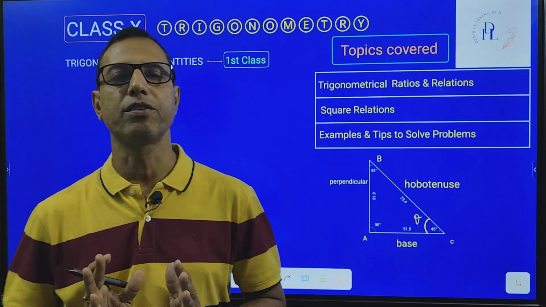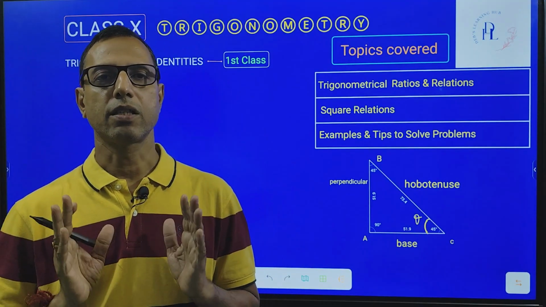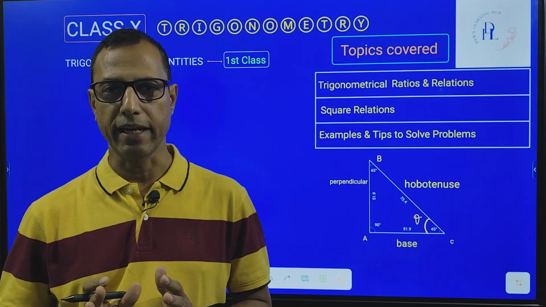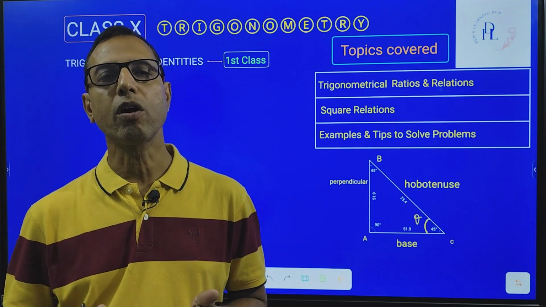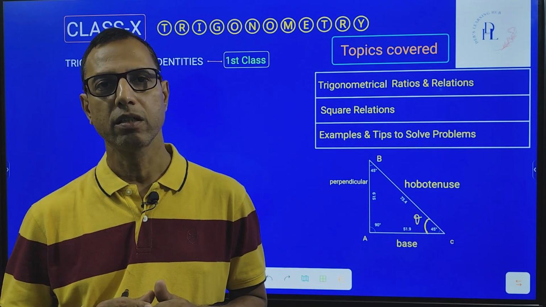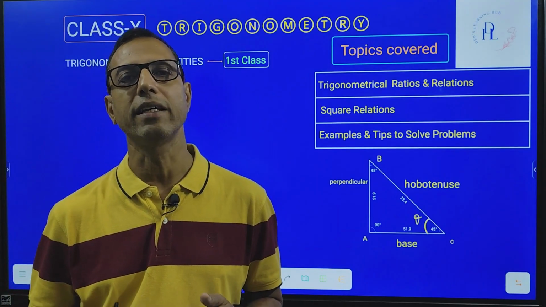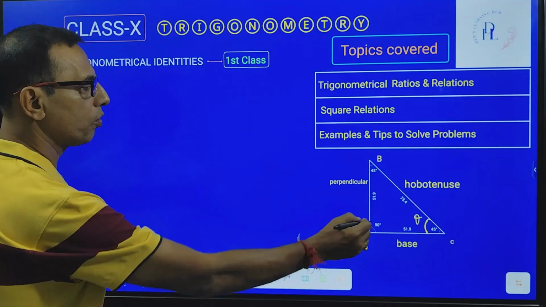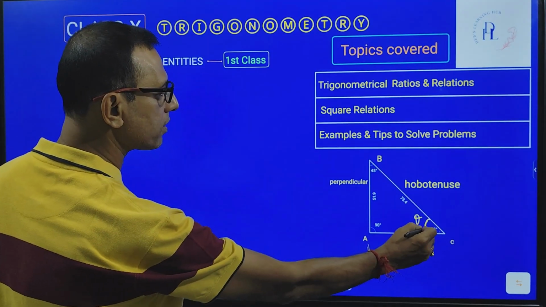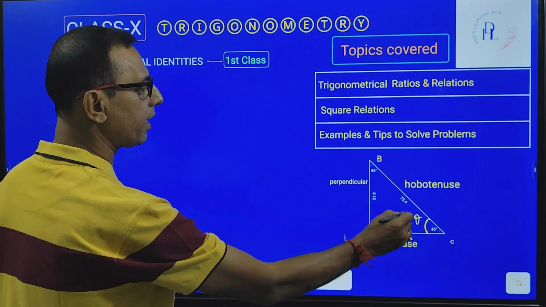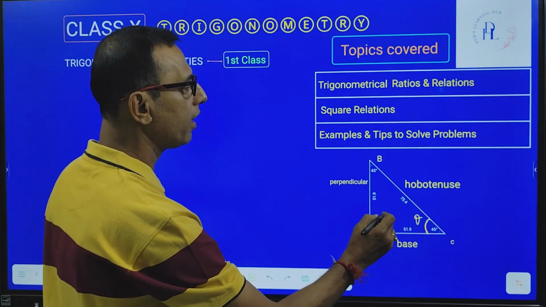From this triangle, there are 6 trigonometrical ratios: sine, cos, tan, and the reciprocal of sine is cosec, the reciprocal of cos is sec, and the reciprocal of tan is cot. Now from this triangle, sine theta equals perpendicular by hypotenuse.